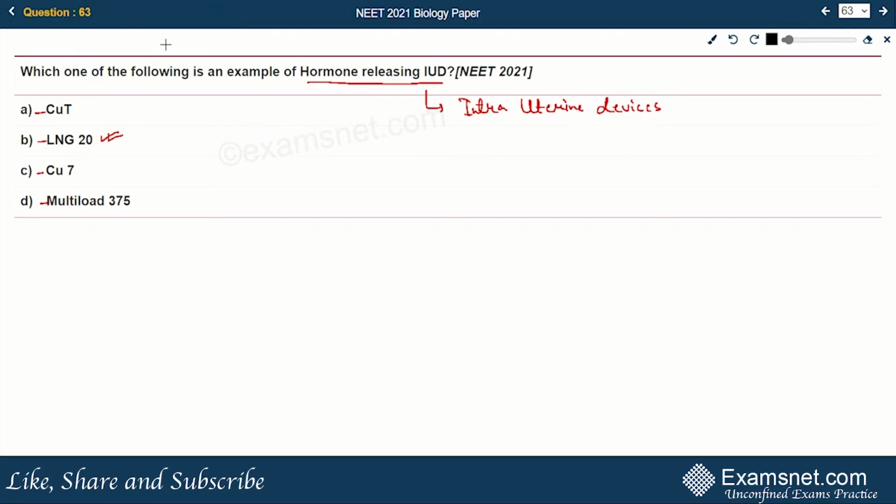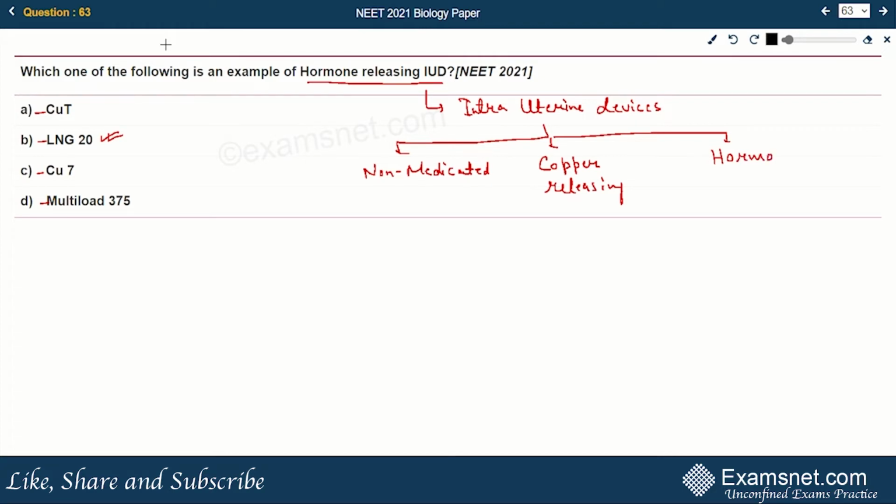These are presently available in three forms, or you can say three types of IUDs are there. First one is non-medicated IUDs. Second one is copper releasing IUDs. And the third one is hormone releasing IUDs. What are some of the examples here?